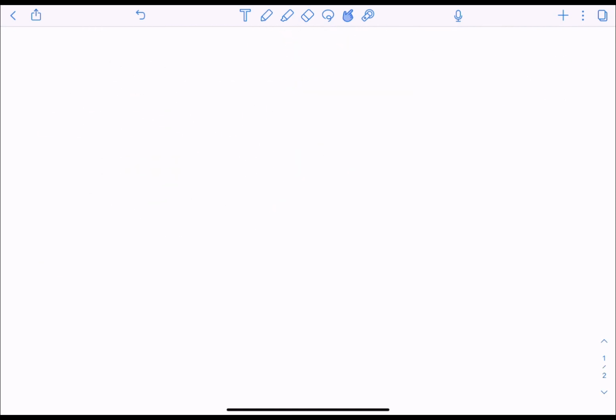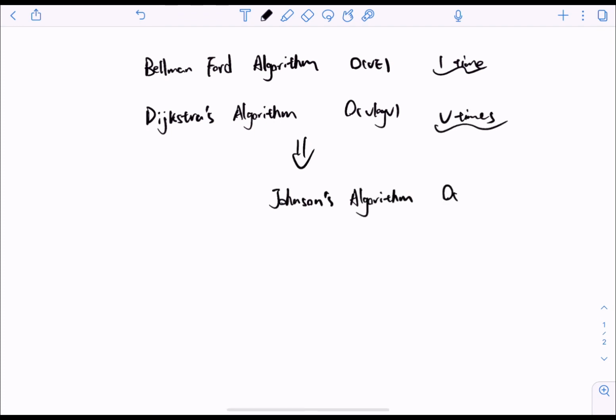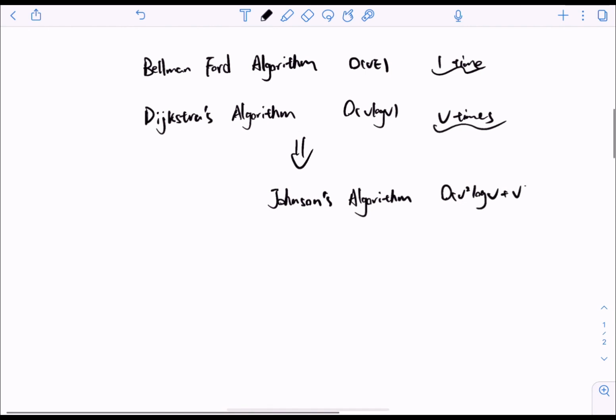Now let's talk about complexity. Because we use both the Bellman-Ford algorithm and Dijkstra's algorithm, the time complexities of them are O(VE) and O(V log V). In Johnson's algorithm, the Bellman-Ford algorithm is called once and Dijkstra's algorithm is called V times, so the time complexity is O(V squared log V plus VE).